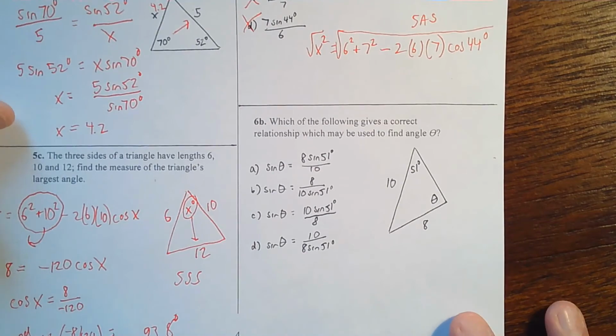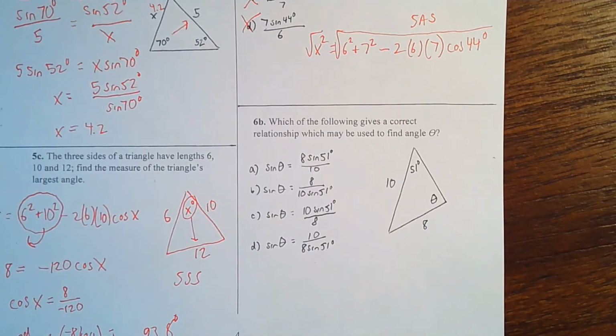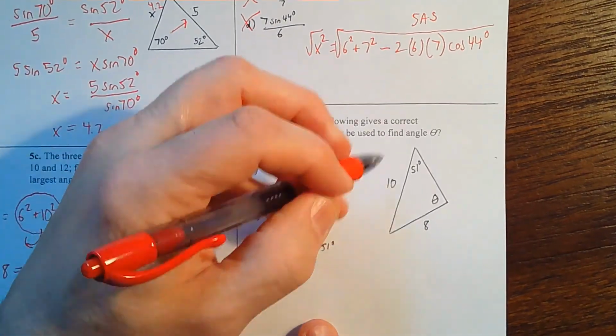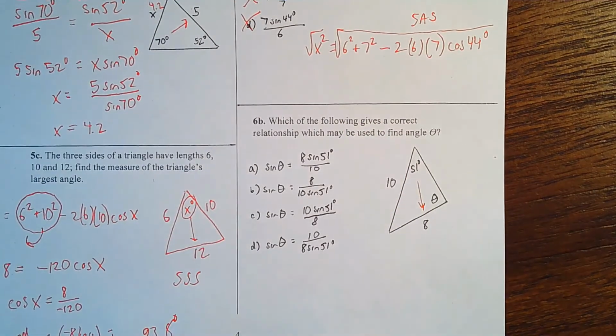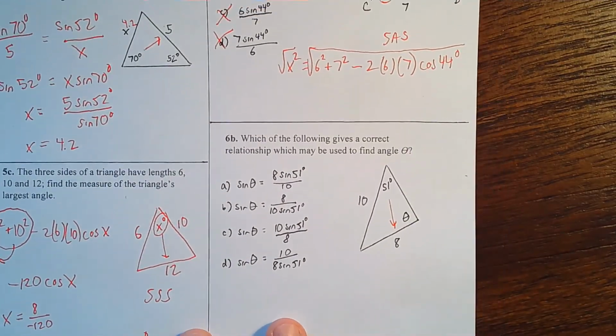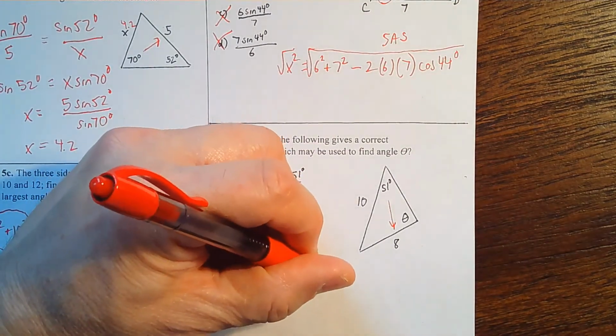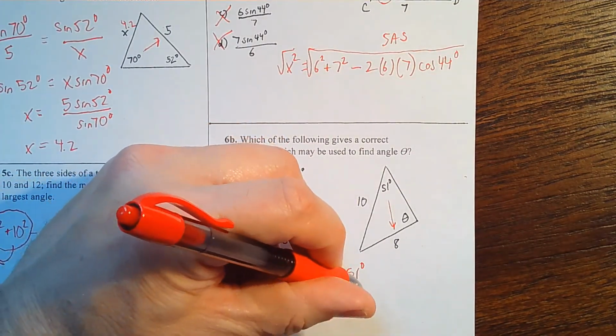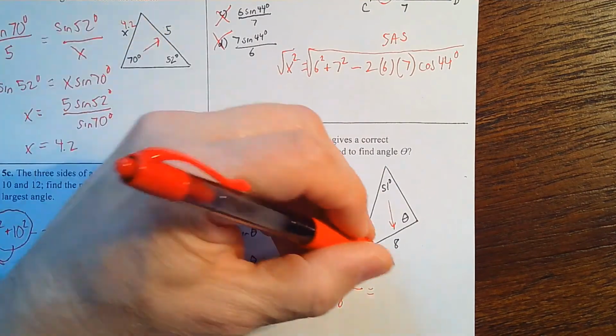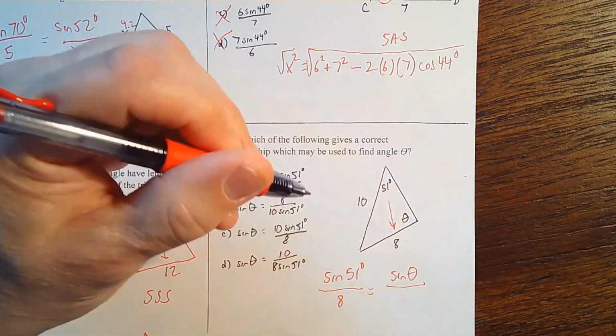Finally, going to 6B, well, all of our answers are law of sines. Luckily, we can use law of sines here because we have an angle, 51 degrees, and its opposite side. It's a length of 8. So let's just set this up real quickly. Sine of 51 degrees over 8 equals the sine of theta over 10.